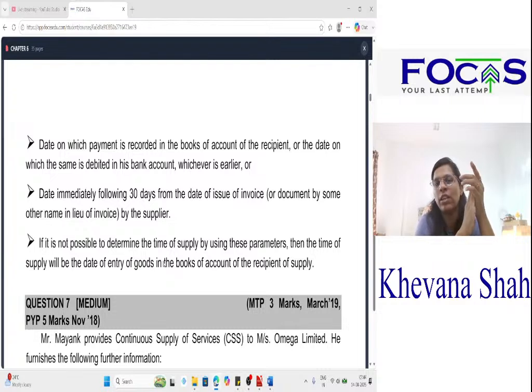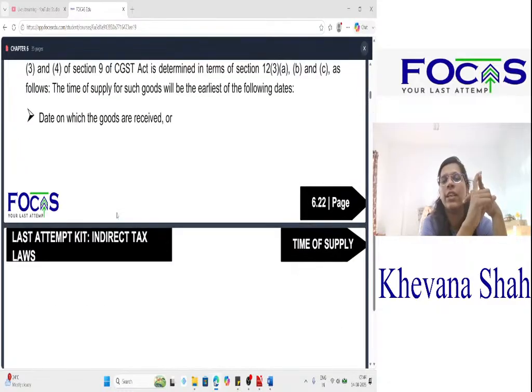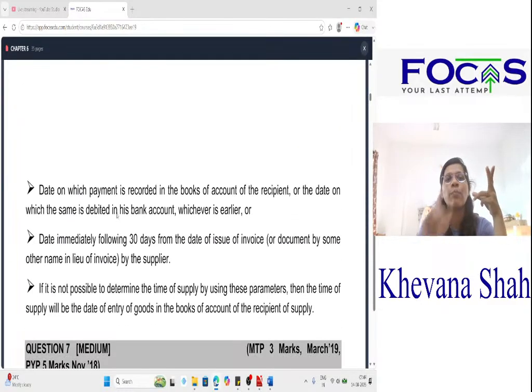So whatever invoice or any other document acts as your invoice, the date immediately following 30 days from that invoice date, or the date which you determined based on these three options: date on which your goods are received, or date on which your payment is recorded, or date on which your bank account actually gets credited. So earlier of these three dates or the date immediately following 30 days. Either of these two, earlier of these two you will be taking.